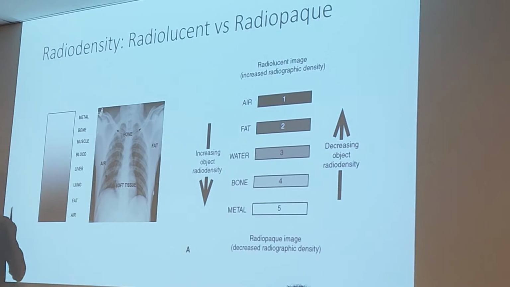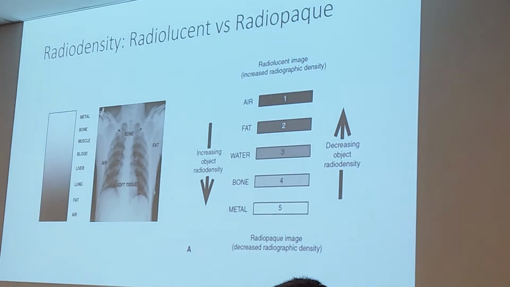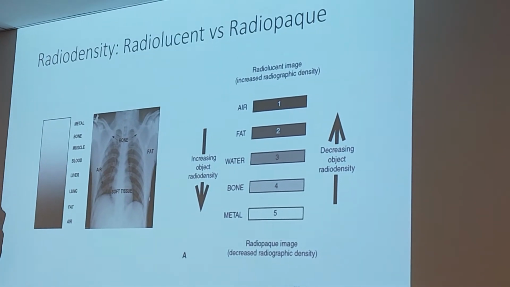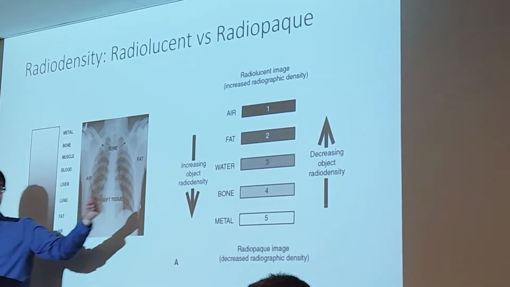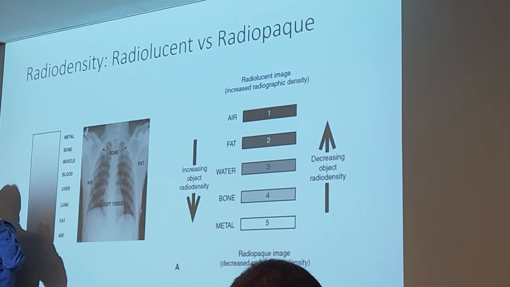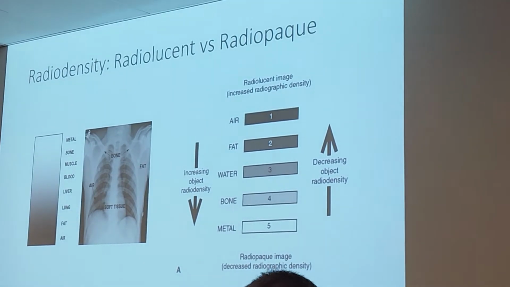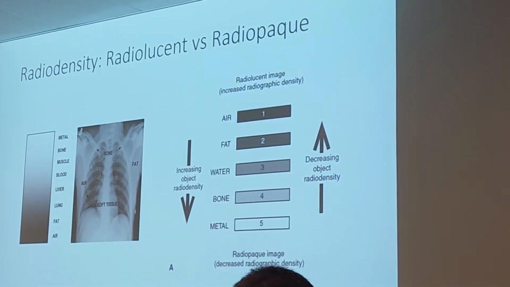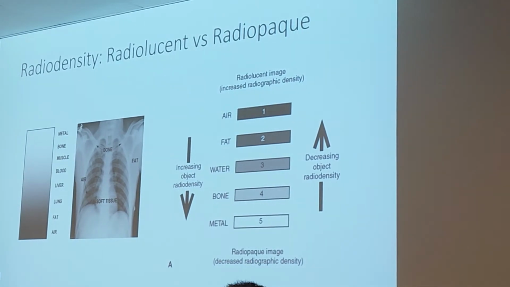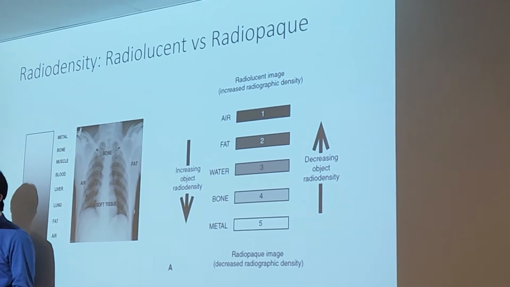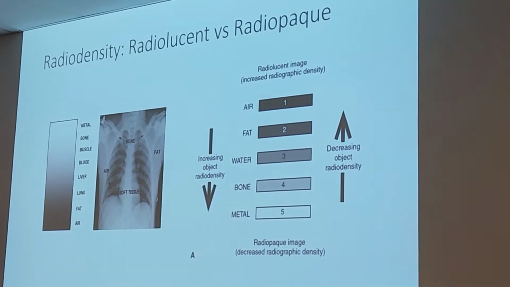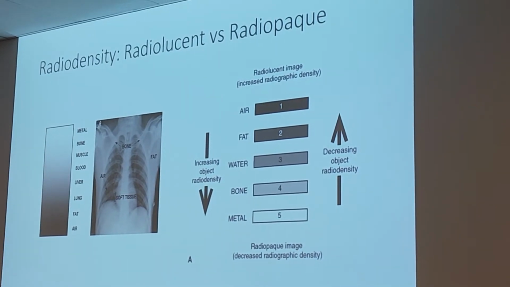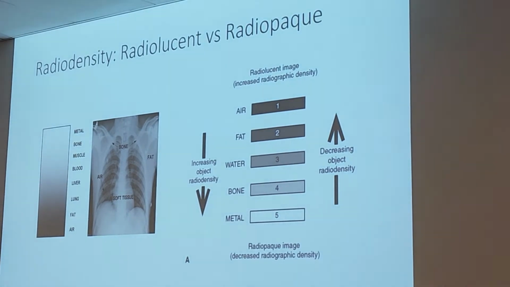Right, so it is two different terms. We have radio density versus radiographic density. They are describing two different things. Radio density refers to the actual object being X-rayed. Are we X-raying air? Are we X-raying fat? Are we X-raying water or bone or metal? That is radio density: how thick that stuff is, how well it absorbs X-rays.